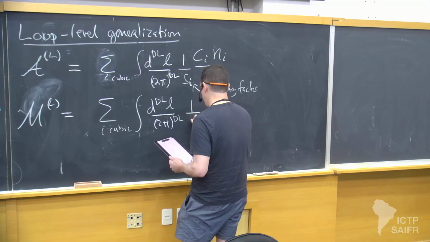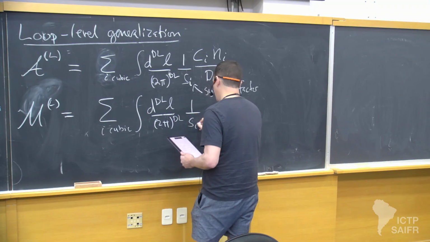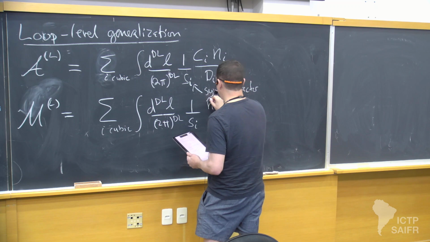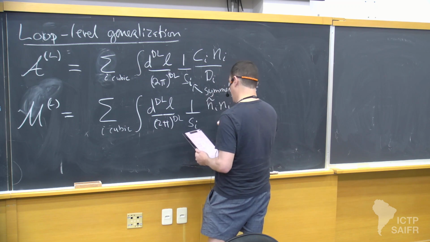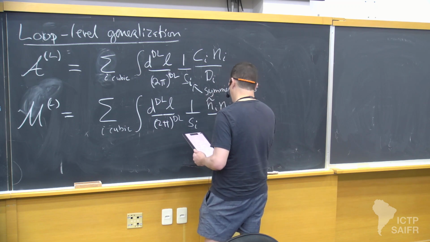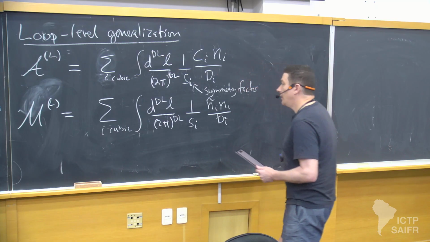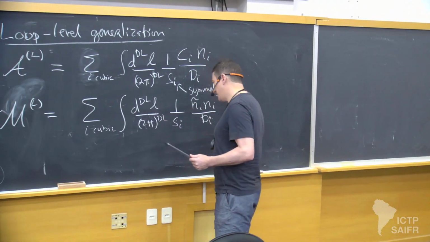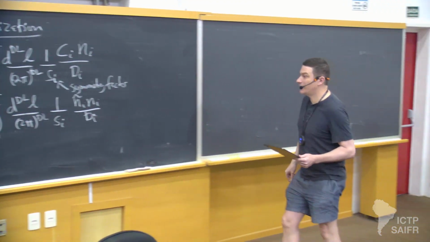Symmetry factor is the same as in the gauge theory case, but now you have Ni twiddle, Ni over the denominator. Well, yeah, this D is the denominator, this D is the dimension, so sorry for the confusing notation.